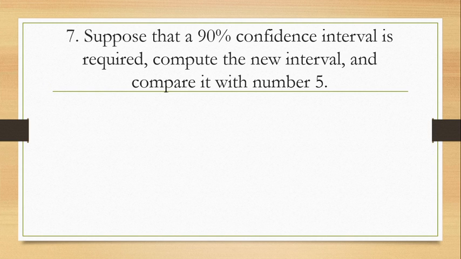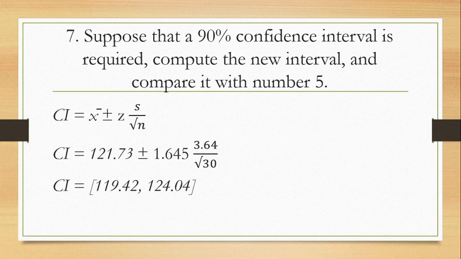Suppose that a 90% confidence interval is required. Compute the new interval and compare it with number 5. Still, it's the same process. We're going to use the same formula, which is mean addition subtraction of confidence value times sample standard deviation over square root of n. It's 121.73 addition subtraction of, this is the value for 90%, which is 1.645 times 3.64 over square root of 30.